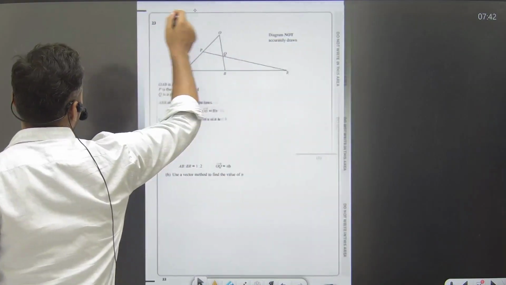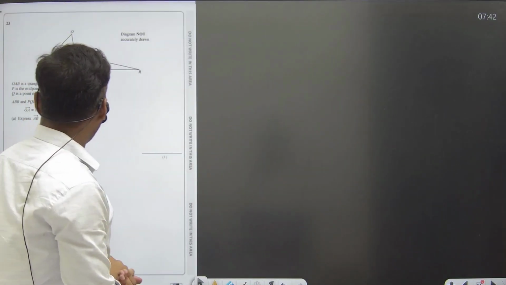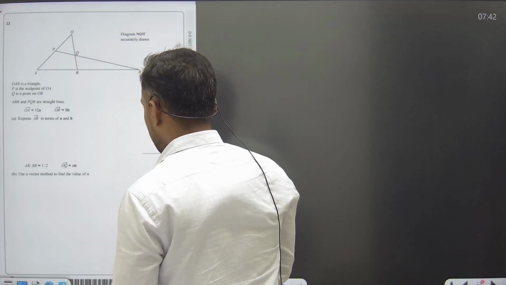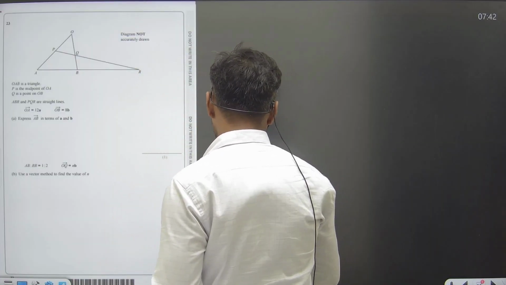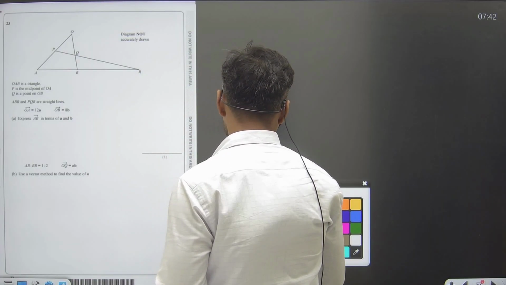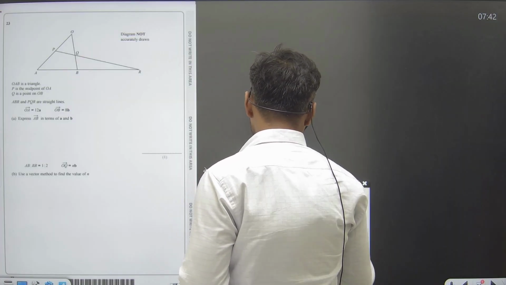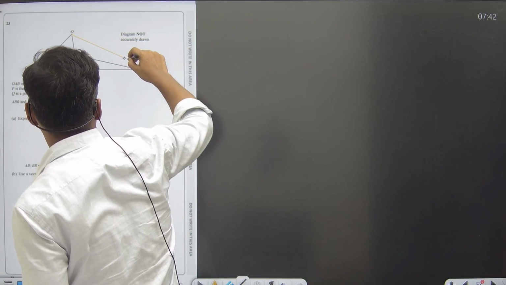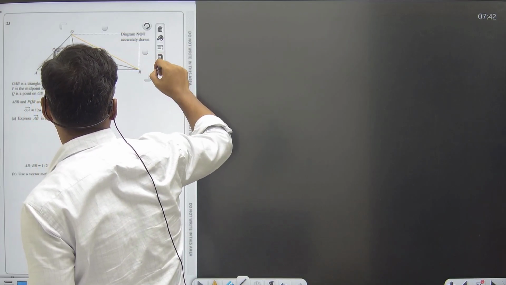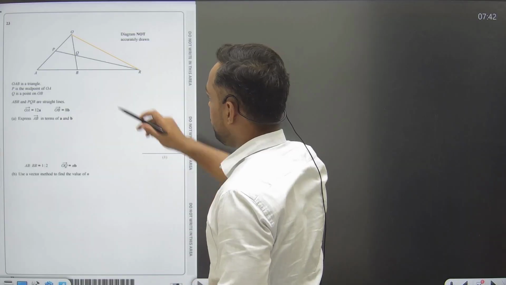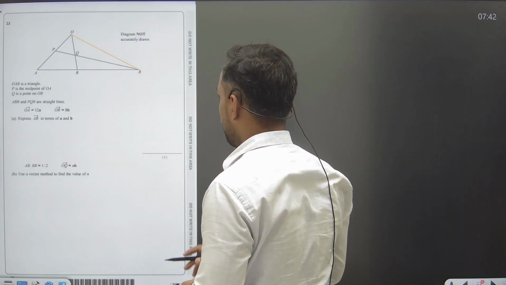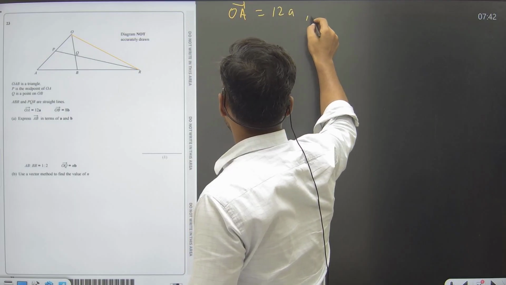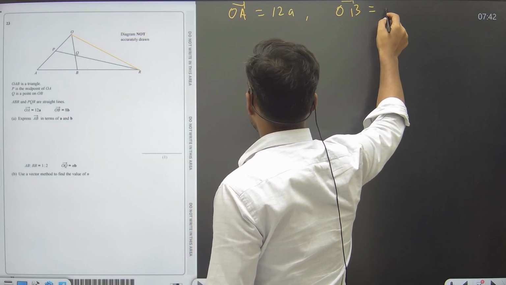See, in this particular question, OAB is a triangle, P is the midpoint of OA, Q is the point on OB, and ABP and PQ are straight lines. Okay, see here. First, what we need to do, student, is join this particular part. What we did, we have joined O and R here. Now see, OA vector is equal to 12a and OB vector is equal to 8b.